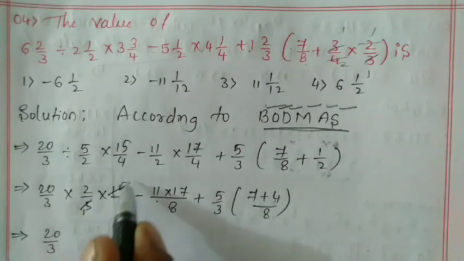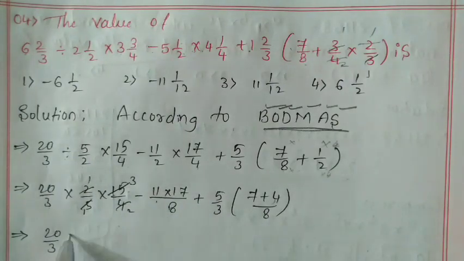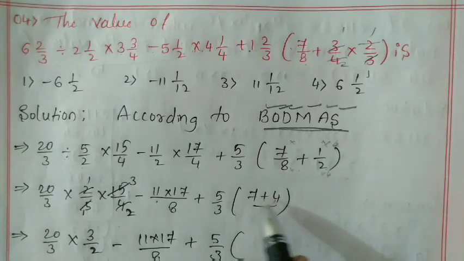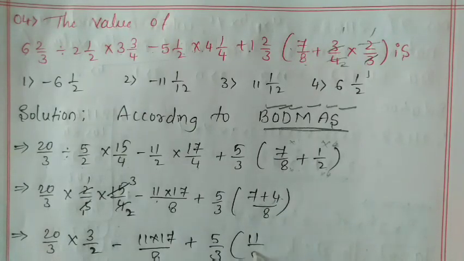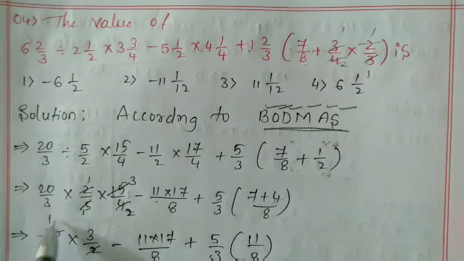This is 5 ones are 5, 5 threes are 15, and 2 ones are 2, 2 twos are 2. So you can write here 3 by 2. So minus 11 into 17 by 8, plus 5 by 3. So 7 plus 4 is 11 by 8 you can write.